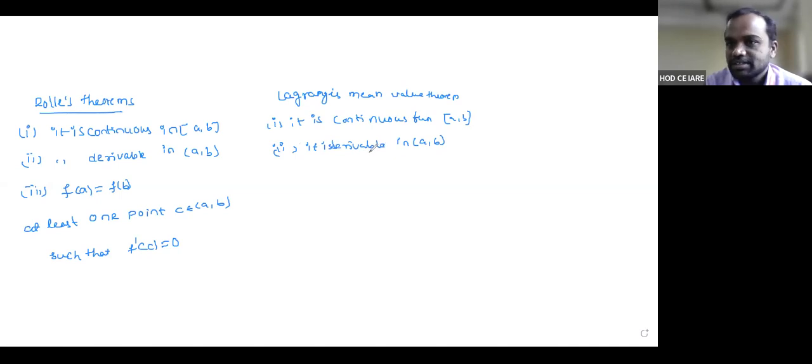Here the third condition is not required, because here f of a is not equal to f of b, so we do not require that.